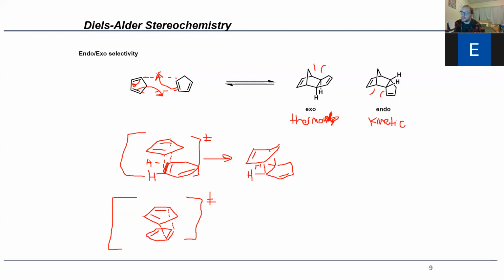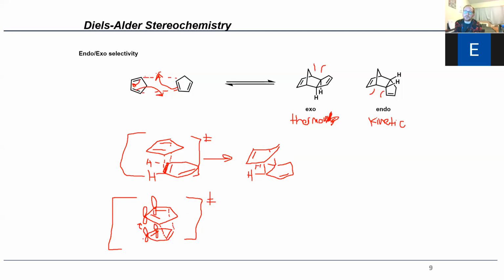And the reason for that is the interaction of these internal orbitals of the diene with these pi orbitals on the dienophile. And so when there is on your dienophile a pi acceptor or pi donor group, it can interact with your diene in a secondary orbital interaction.